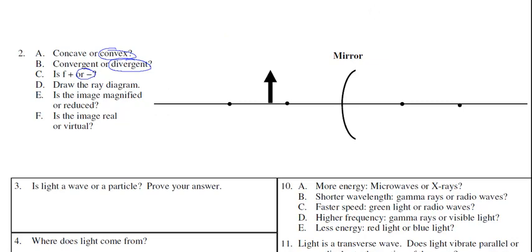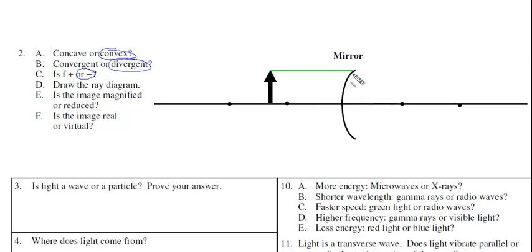And now it's time for us to draw the ray diagrams. And these are going to be a little bit different than the ones that we did for the lens. I'm going to start off with green. So we go from the top of the object, once again parallel over, and make contact with the surface of the mirror. Okay.